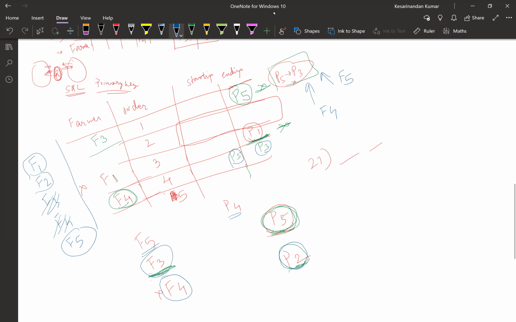So think guys, can we place P5 to P3 here or not? Kesari, I think that it can be placed, but again I think that it is not possible for some reason, but I'm not getting why not. Yes, according to the given conditions, F4 can take that P5 to P3.